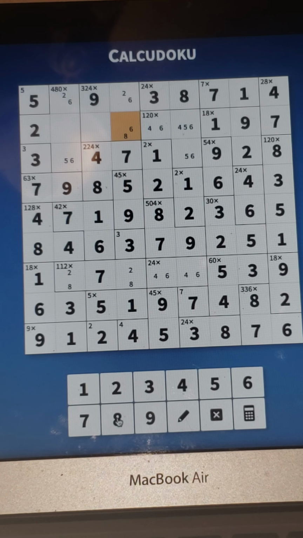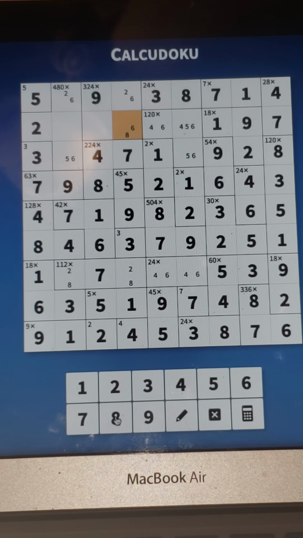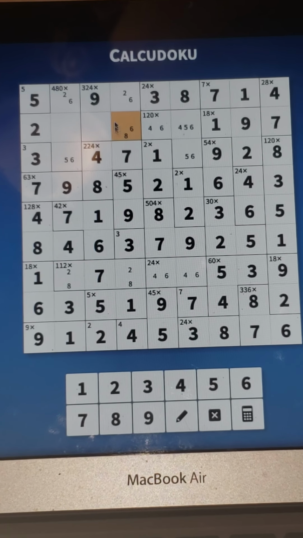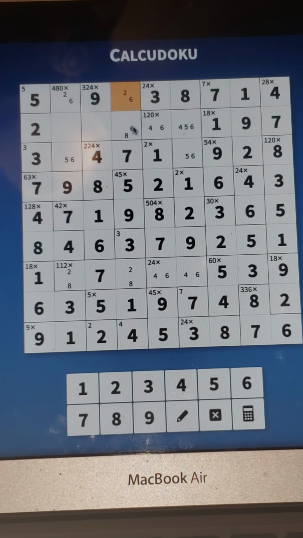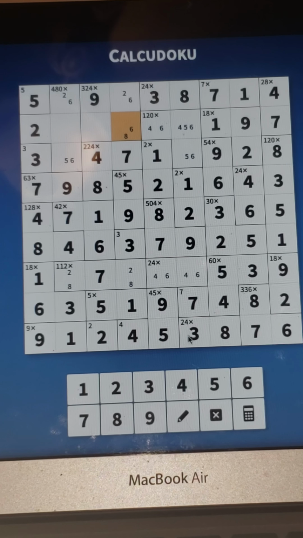Alright, so 324 divided by 9 is 36. That means these 3 cells have to multiply to equal 36. Since 8 doesn't divide 36, we can take out that 8 note.